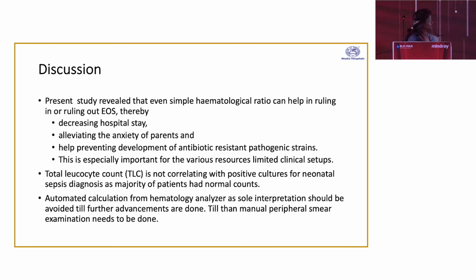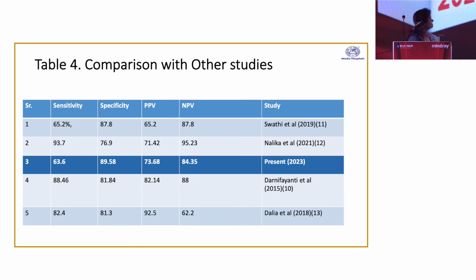Total leukocyte count is not correlating with positive culture for neonatal sepsis diagnosis, as the majority of patients had normal counts. Automated calculation by hematology analyzers as sole interpretation should be avoided till further advancements are made. Till then, manual peripheral smear examination needs to be done. This is our study. Compared with other previous studies, the data are almost similar.